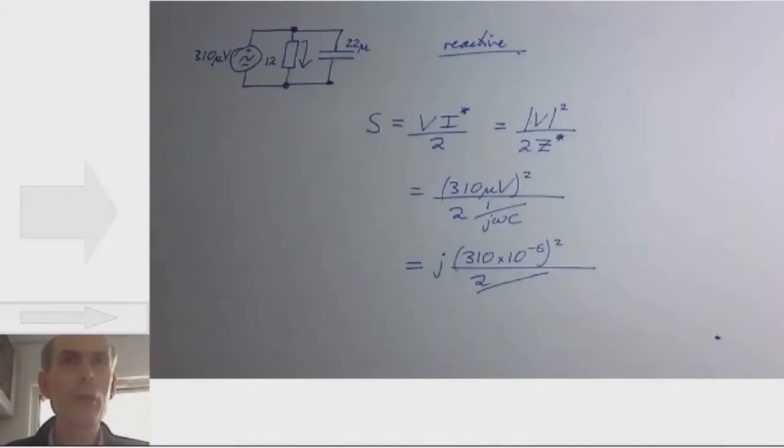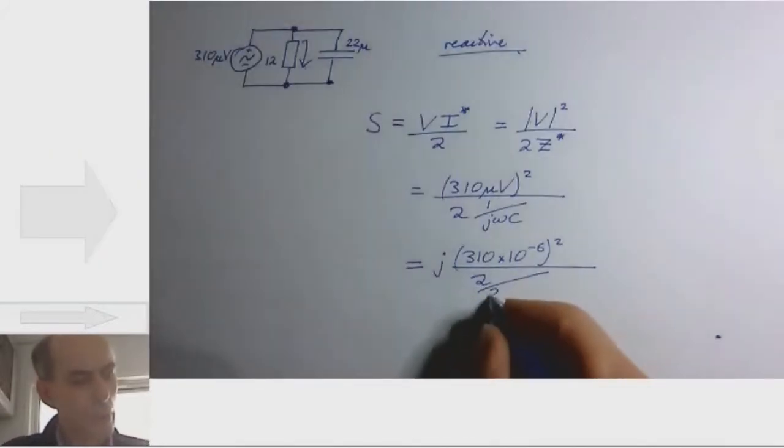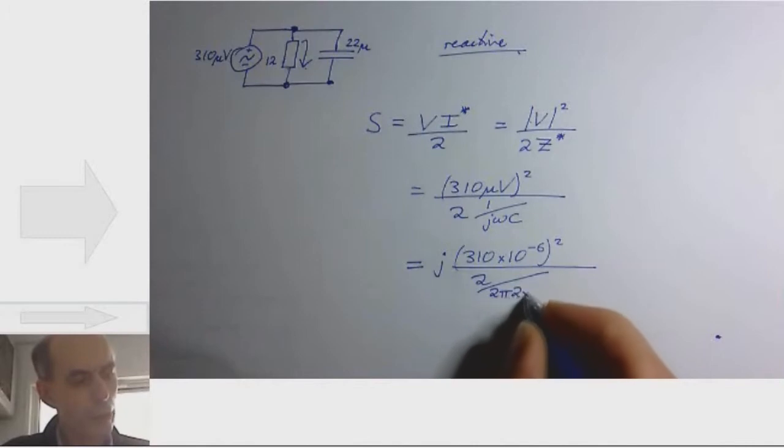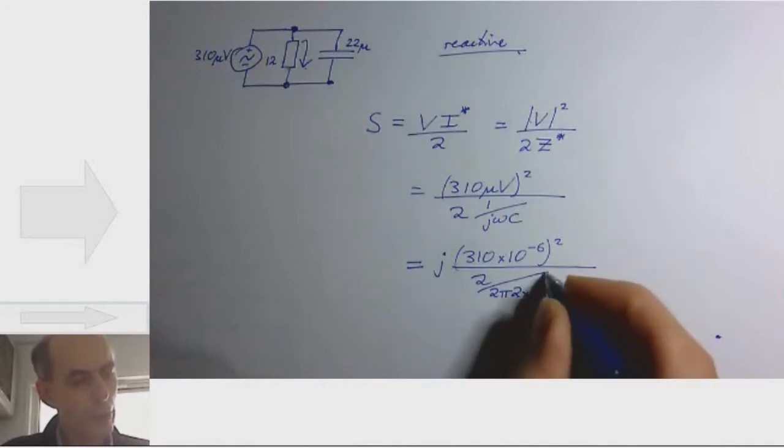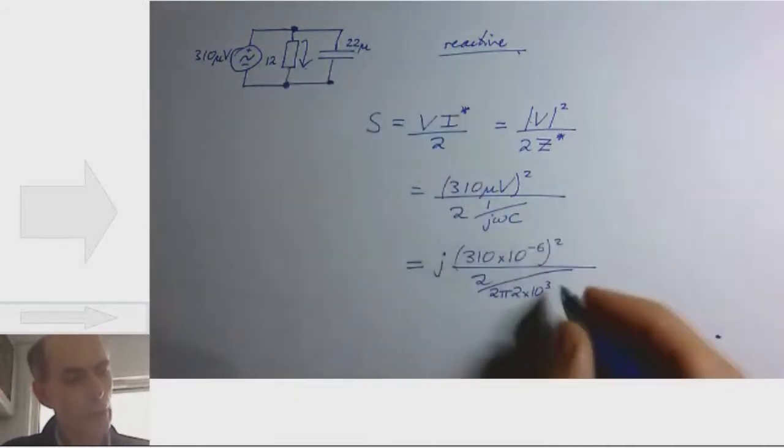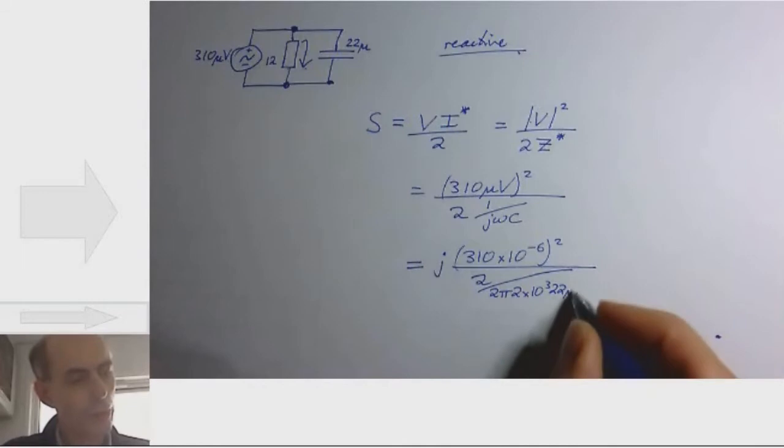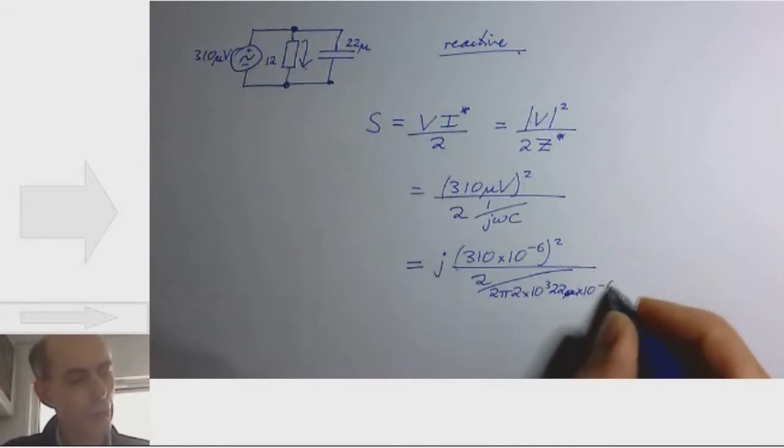So, my omega is going to be 2 pi times 2 kilohertz, 2 times 10 to the 3, and the capacitance is 22 micro, or 22 times 10 to the minus 6.